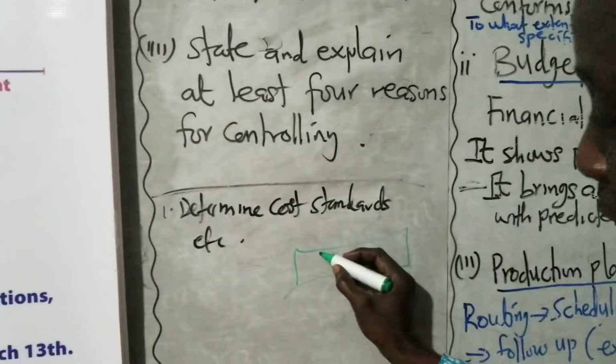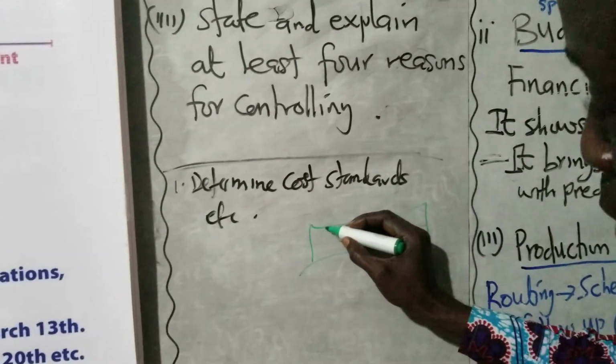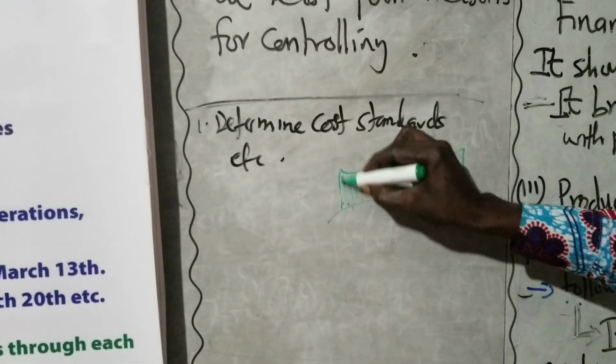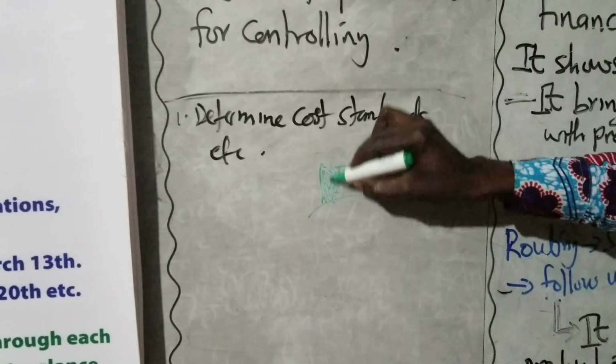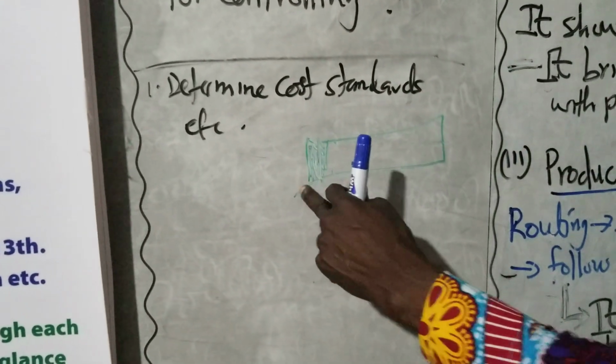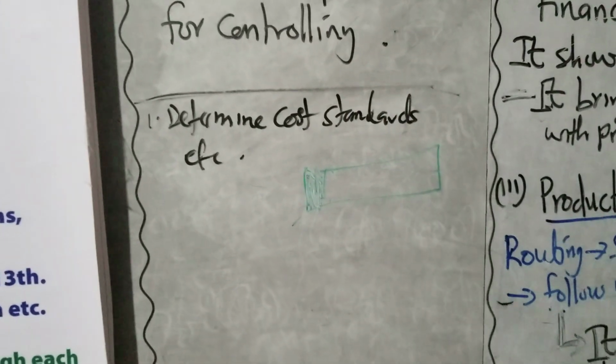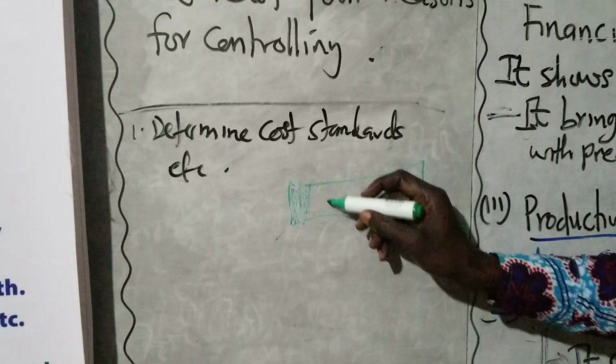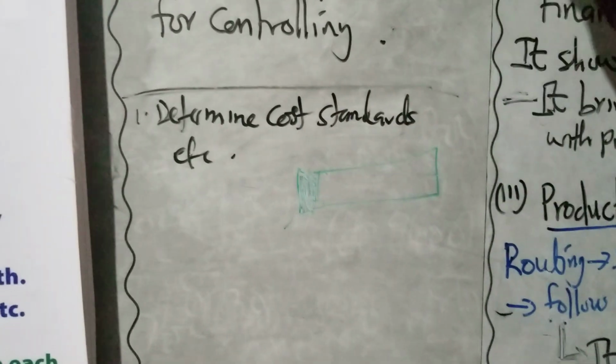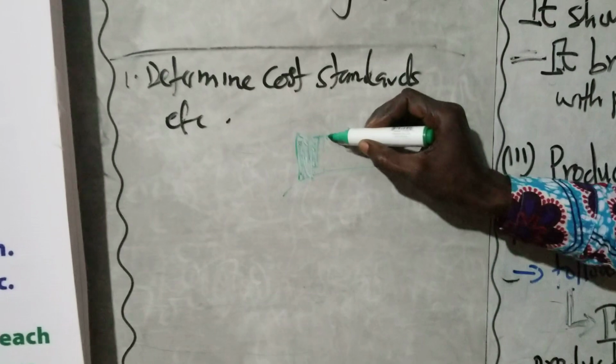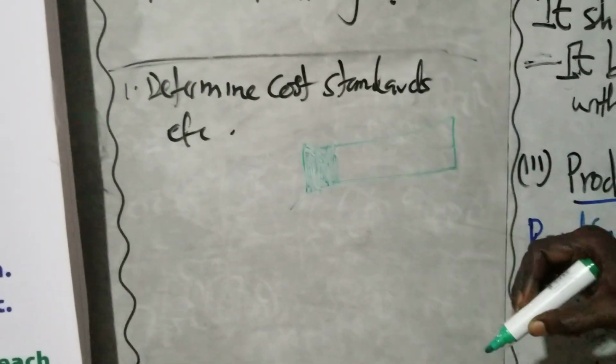Assuming this is what they are supposed to do, but this is what they have done, he will paint this side like this. So at any time where it is painted, he knows that is what has actually been done. Another time he comes on the second, if this is what they're able to do, he will paint up to that one.